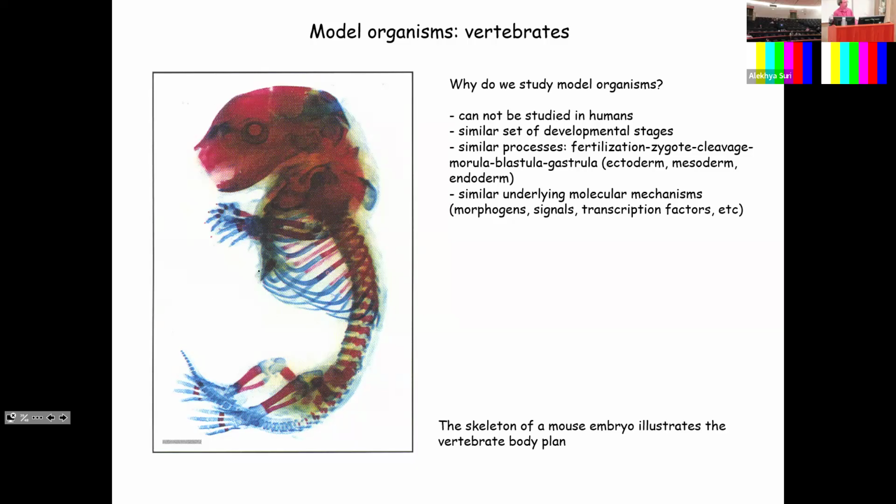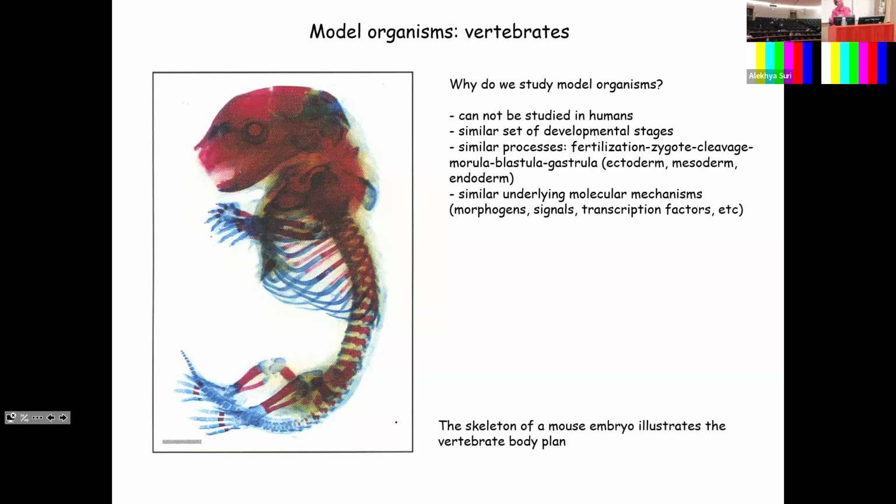So first of all, this is a mouse skeleton. You could appreciate how similar a mouse skeleton is to another skeleton, for example, a human skeleton. It's not too different. That's why we study model organisms, because the conclusions that we gather with a mouse embryo could be translatable to humans.